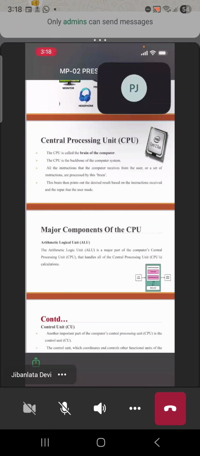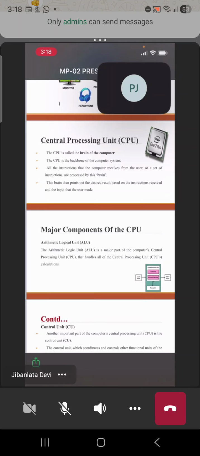Then the third unit is the CPU, which stands for central processing unit. It is called the brain of the computer because without it the processing cannot be completed. The CPU is the backbone of the computer system. All the instructions that the computer receives from the user are processed by this brain.